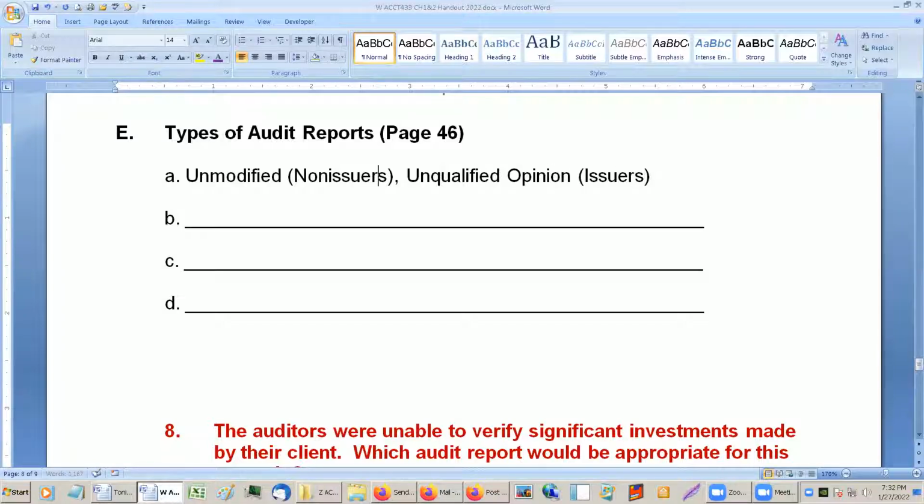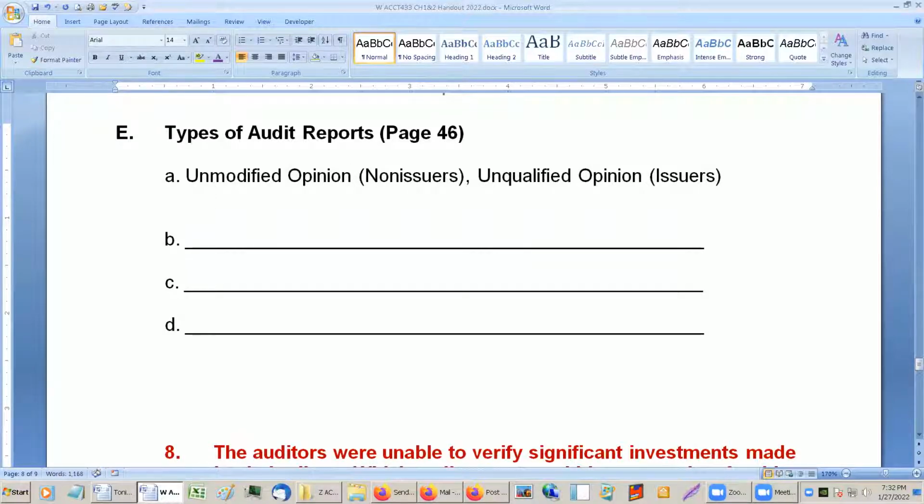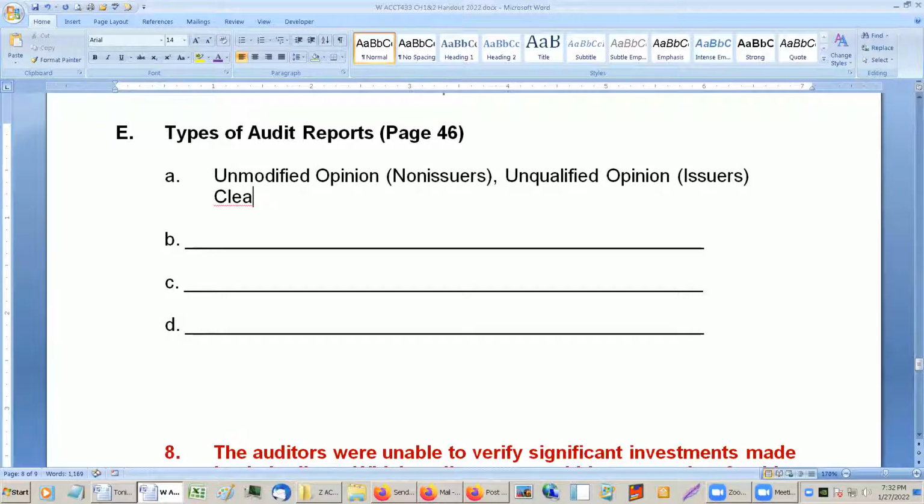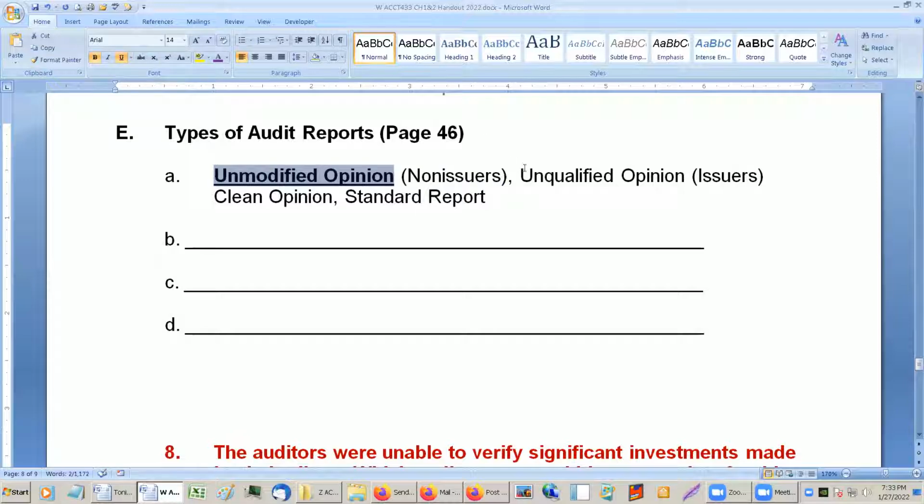This is what they call a clean opinion. Sometimes called a standard report also. Unmodified, unqualified.